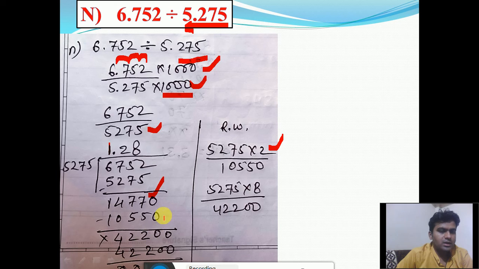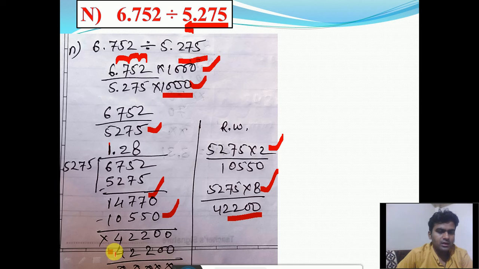When we read the table 2 times, we got 10550. Then subtract. We will get 5220. Now read the table of 5275. How many times? 8 times. So you will get 52200. Then subtract and you will get 0 at the last, and the answer is 1.28.